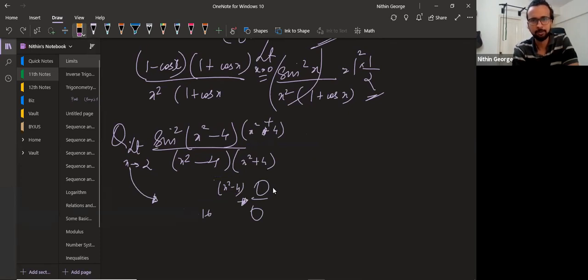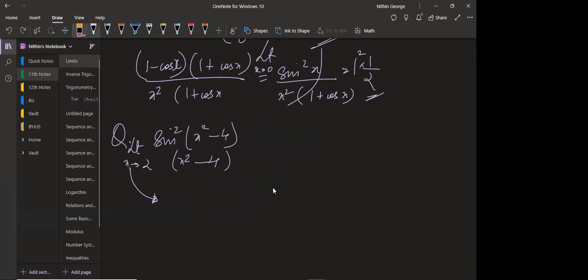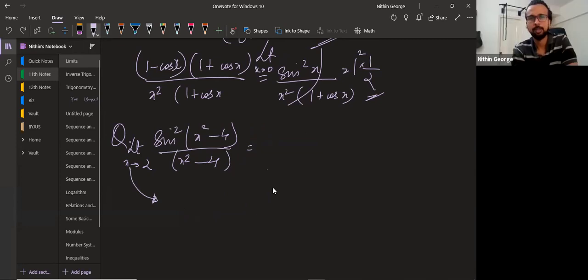One second. So what I'll do is I'll simply replace x square minus 4 as t. It's an unnecessary step, but once I do this, you'll understand how you yourself will come up with the shortcut for this. So x square minus 4 is equal to t.